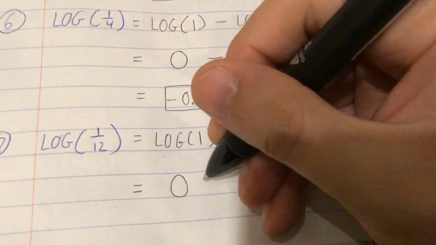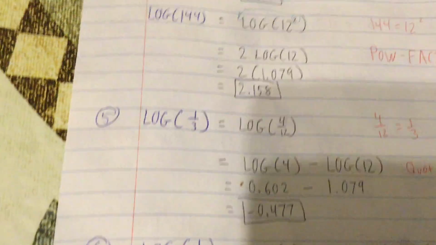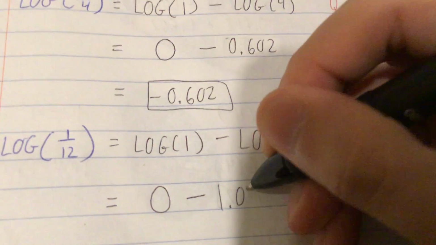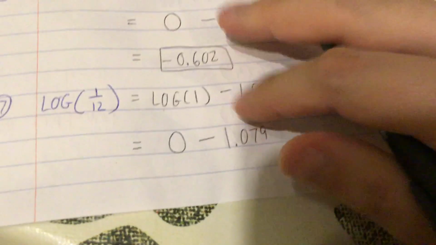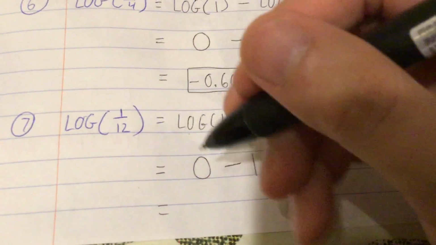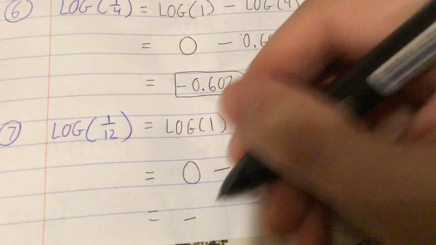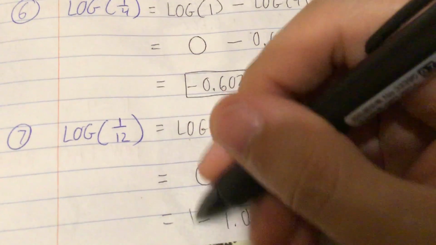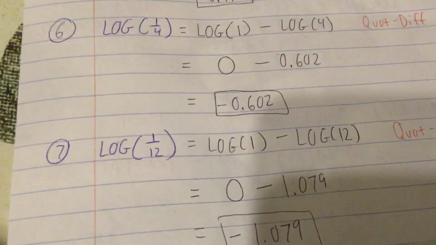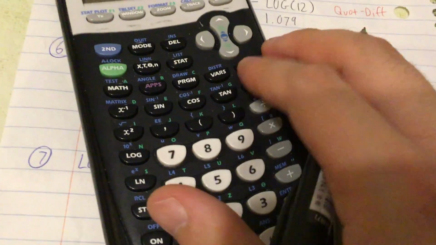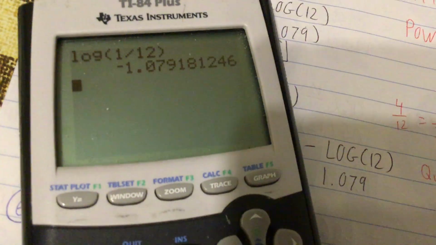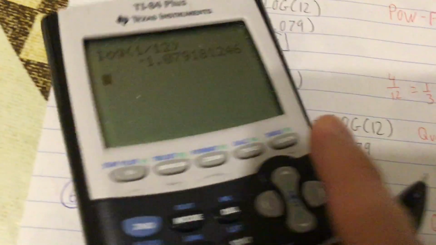That'd be 0. And log of 12 is 1.079. And finally, that means that log of 1/12 is negative 1.079 approximately. So if I plug that into the calculator, just to check my work, log of 1/12, negative 1.079.